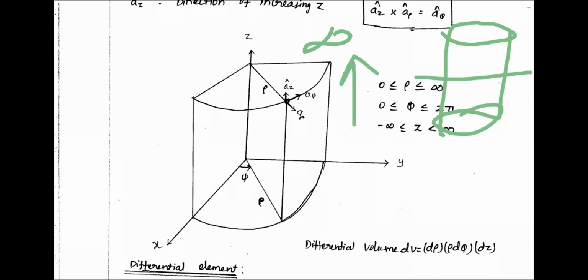Bottom half is not there because it cannot be drawn here. If this is a cylinder, only the top portion is shown here. Bottom portion they are not showing. Even in the top portion, you have only 1/4. Okay, 1/4 only visible.